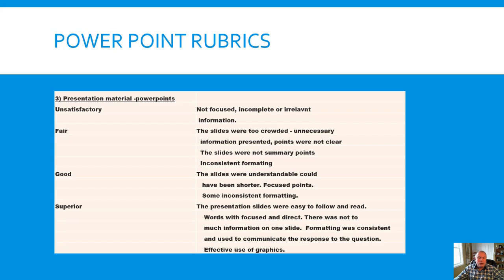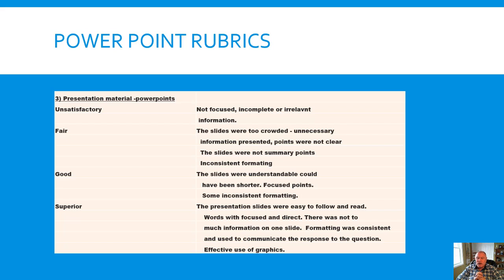How will I look at some of this? Well, I thought it might be helpful to provide you with what's unsatisfactory, what's fair, good, and superior. Unsatisfactory is not focused, incomplete, or irrelevant information. Fair is slides are too crowded. Unnecessary information provided.